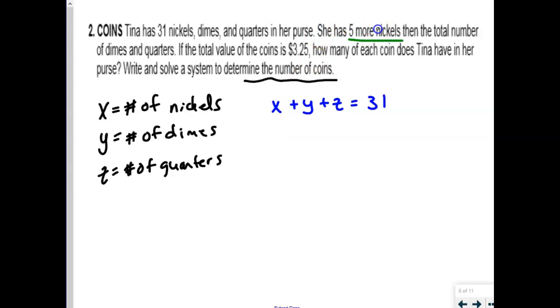So 5 more nickels, so the number of nickels. Okay, so it's Y plus Z. Let's start here. Number of dimes and quarters. What would that look like? Y plus Z. Y plus Z, okay.